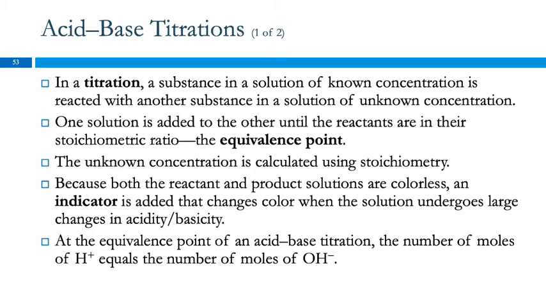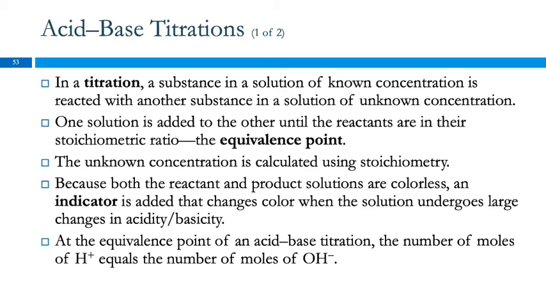So here's the titration, which is what you needed for the worksheet questions that I had in the wrong worksheet. So we'll start a little bit on this. In a titration, we take a substance in solution where we know the concentration, and we react it with another substance where we don't know the concentration.